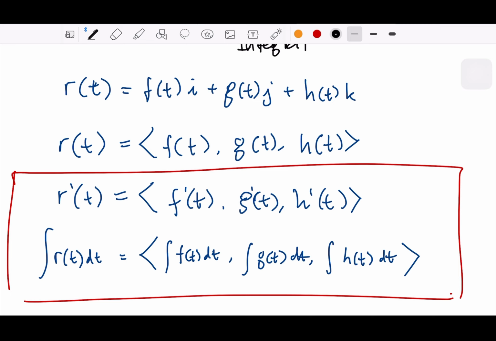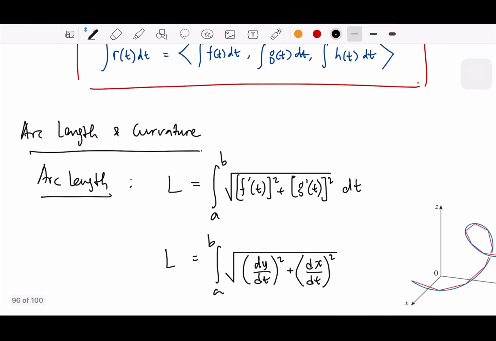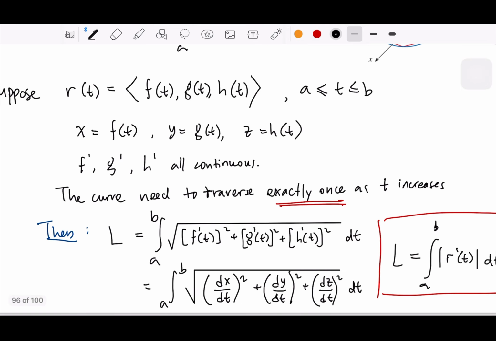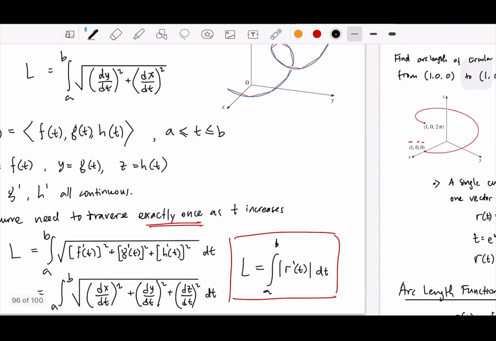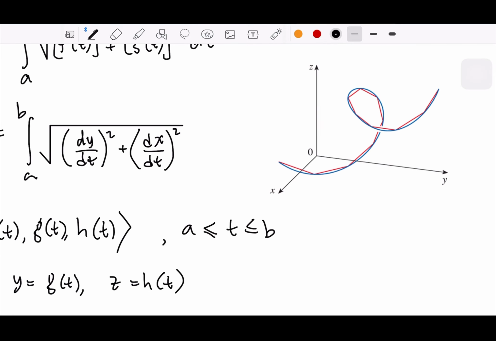So by this section of chapter 13, you are expected to be familiar with this terminology, these definitions and techniques, including all the techniques from calculus 1 inside the vector functions. Okay, if we look here, this is how we approach the arc length.